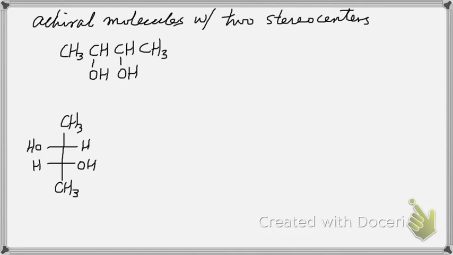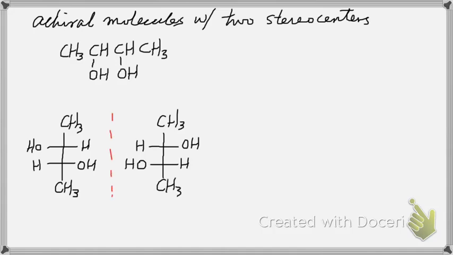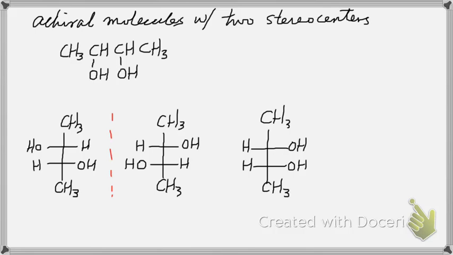The first one, I put the two OH groups on the opposite side in the Fischer projection. And if we draw the mirror image of it, here's what we get. The mirror is in the middle. And the third one, I can put the OH groups on one side of the Fischer projection.